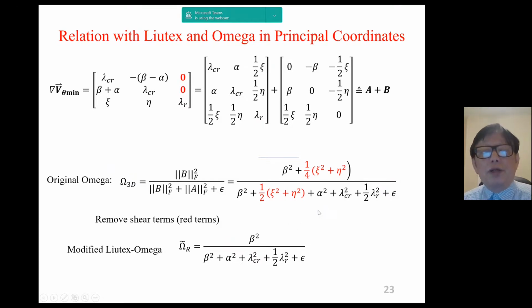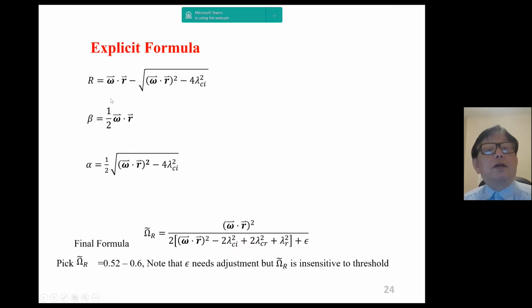So we only use the rotation, maybe some stretching. So this formula can give the explicit formula because we know the definition of R, beta, and alpha.